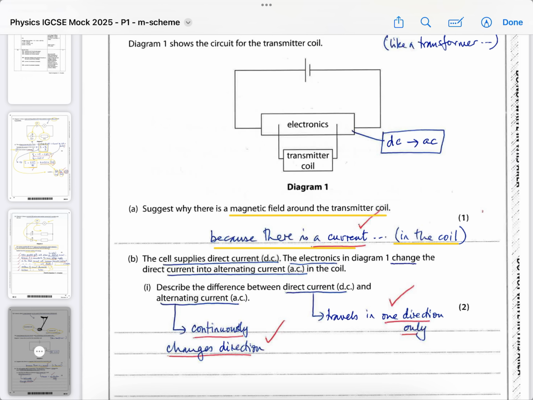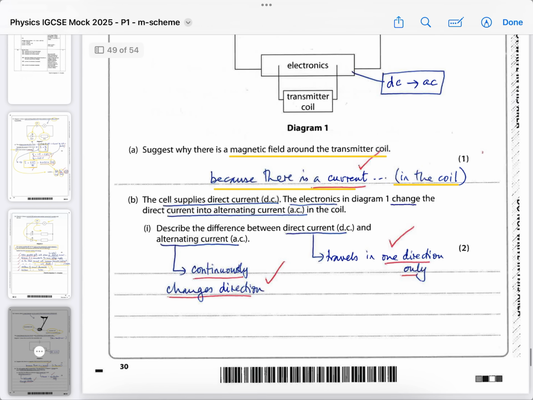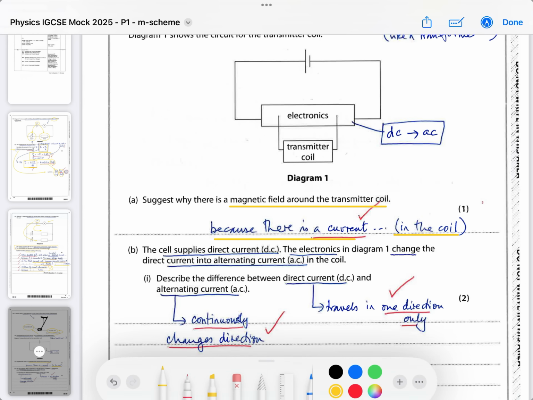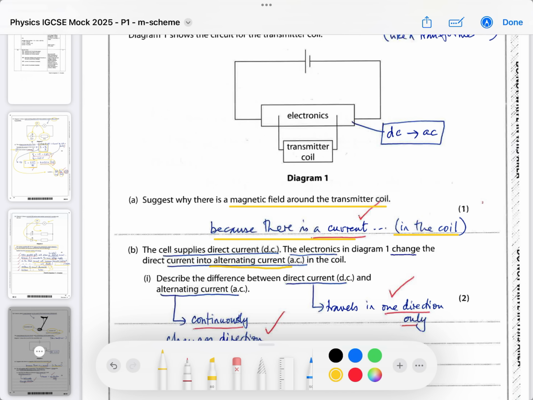It then says the cell supplies direct current. So initially the cell in that diagram produces a direct current, or DC. The electronics, however, in the circuit in diagram 1, changes the direct current into alternating current. It doesn't tell you how it does it. So they're changing DC into AC. Okay?